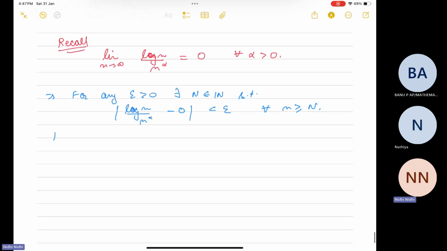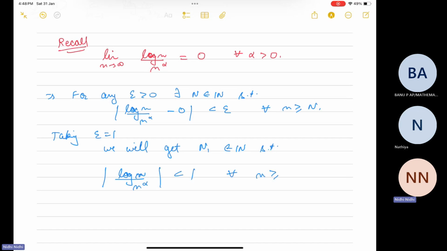So taking epsilon equal to 1, we will get some n1 in N such that mod log n upon n to the power alpha is strictly less than 1 for all n greater than equal to n1.